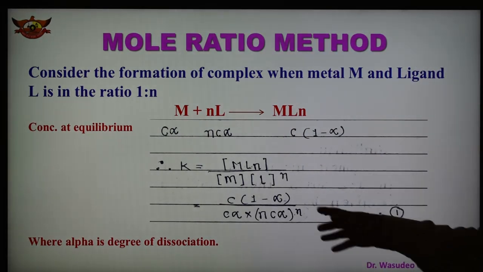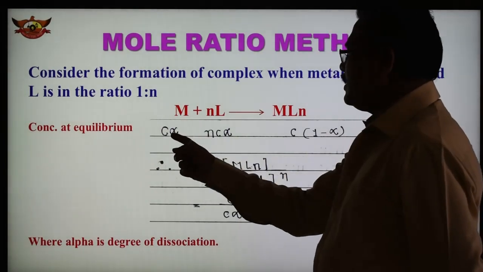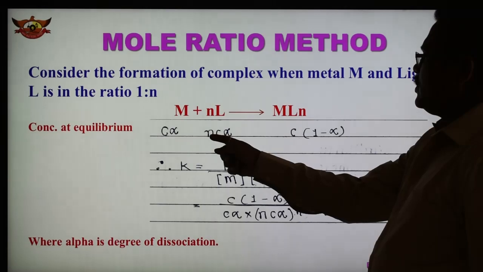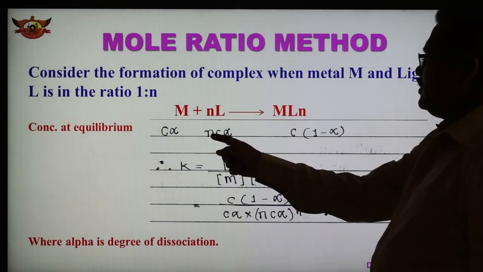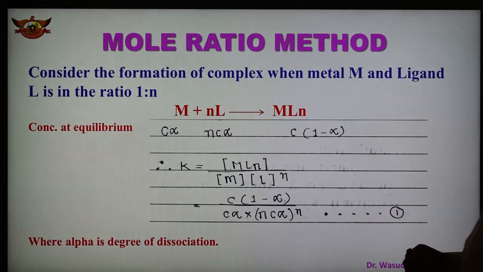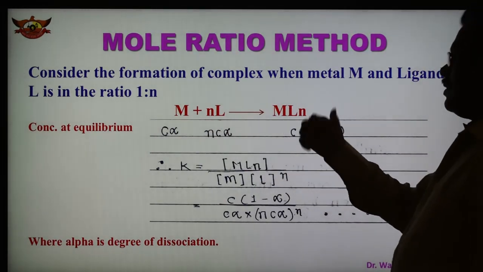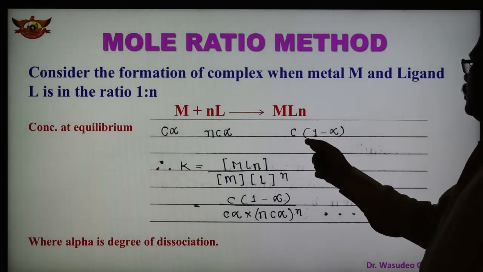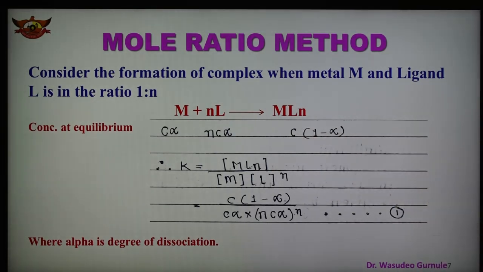Now suppose the concentration at equilibrium of the metal is C alpha, and the concentration of the ligand is nC alpha. The concentration of the complex formed is C into 1 minus alpha. This is the concentration at equilibrium.